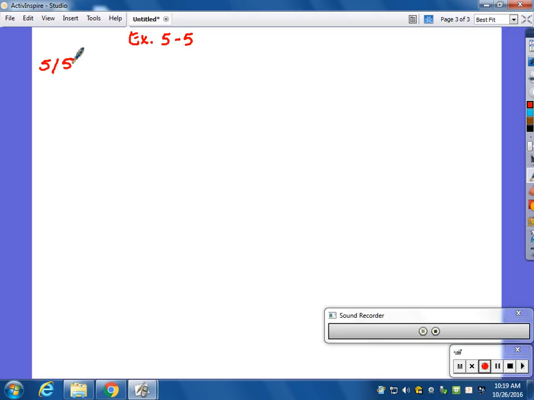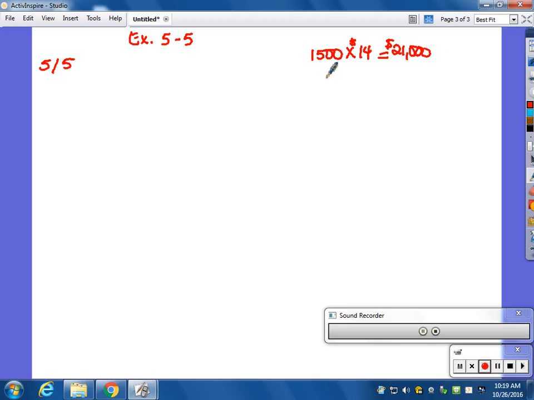How many units did they sell? 2,000. How many did they sell? 1,500. 1,500 units. At what price? $14. They sold it. We're on exercise 5-5. They sold 1,500 units at $14, which means they made how much? 21,000.